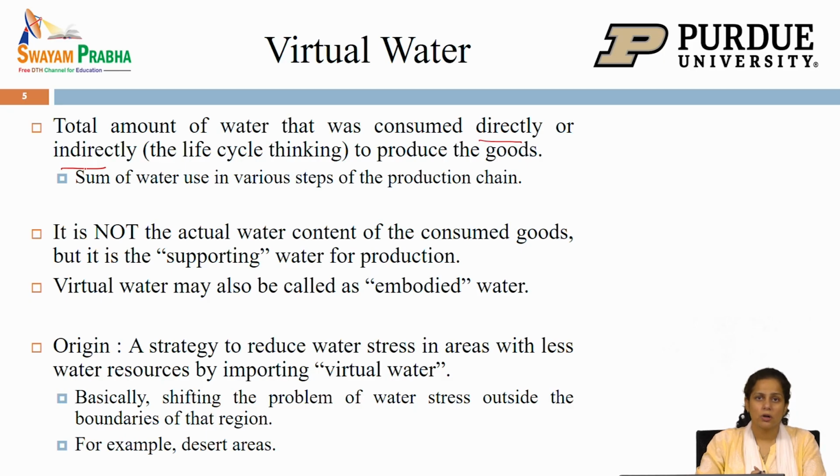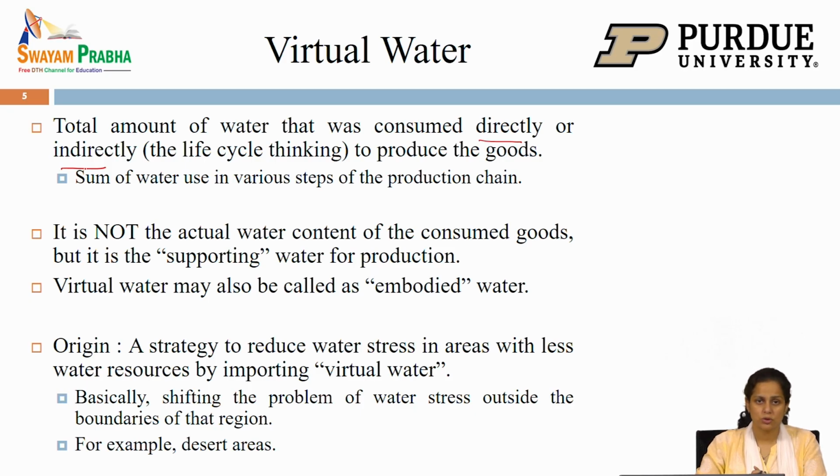Here, there is of course a direct water requirement in manufacturing of a good, but if you take a life cycle view where you include all the upstream and downstream processes involved in the life cycle of that product, there is of course additional water requirement. That indirect water requirement is also accounted for in the supporting water requirement for the production.